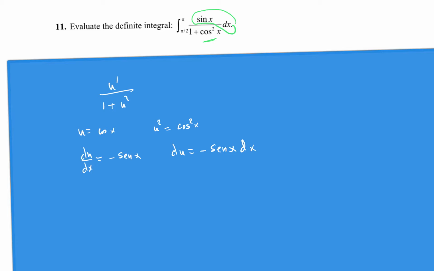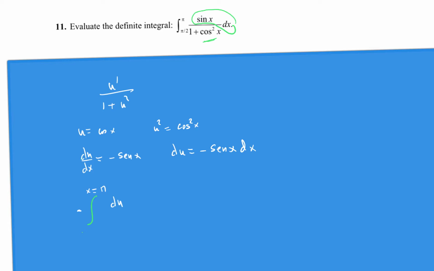and 1 plus, so this is the definite integral we have to take care of, the definite integral from x equal pi divided by 2 to x equal pi of what? Of sine of x dx, which is minus du, but the limits of integration are not this one.